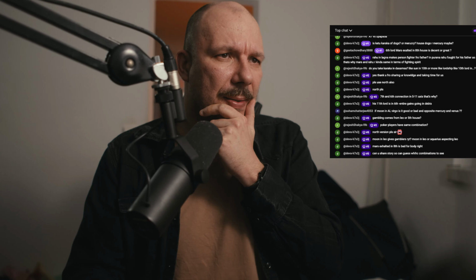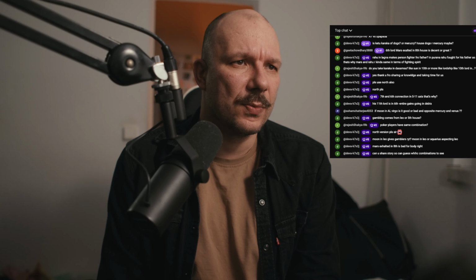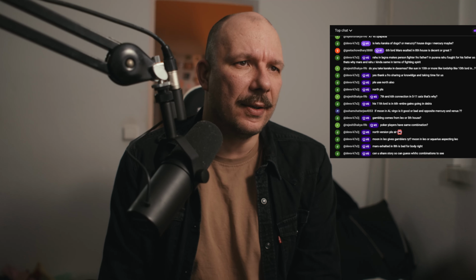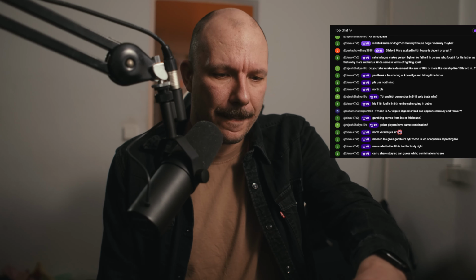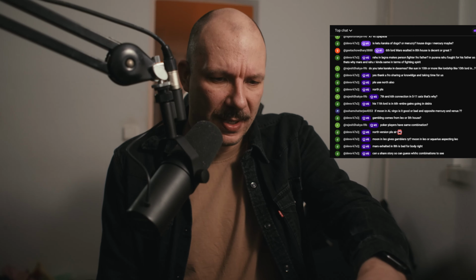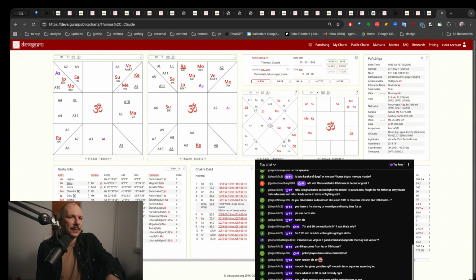7 and 6 connection in 5th and 11th axis. That's why. Ah, you mean the chart of this Thomas Claude. 7 and 6 Jupiter. What? 7 and 6 connection to 5th and 11th.